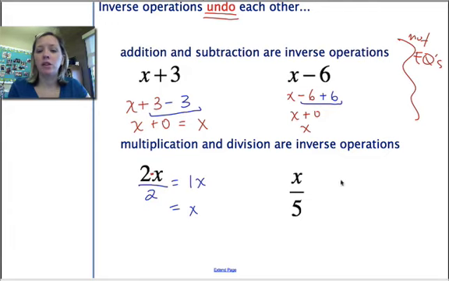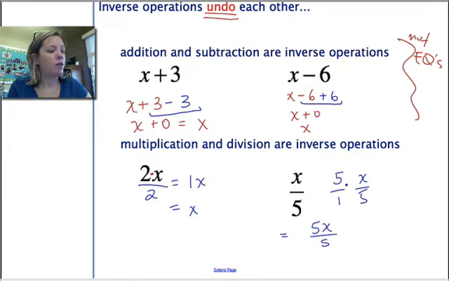Here where I have x over 5, or x divided by 5, I could undo that division by multiplying. The reason this works is because if I'm just multiplying and dividing, I can do it in any order I want to. So I can think about this as 5x over 5, and then simplify the division. 5 divided by 5 is 1, so this is equivalent to 1x, or just x.